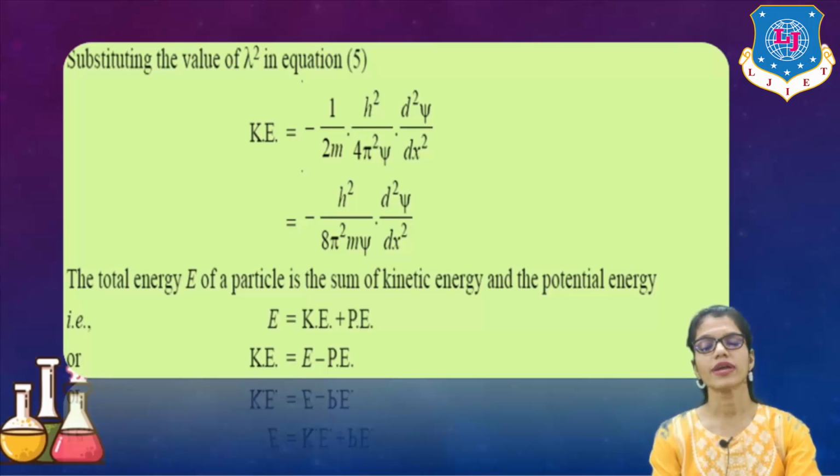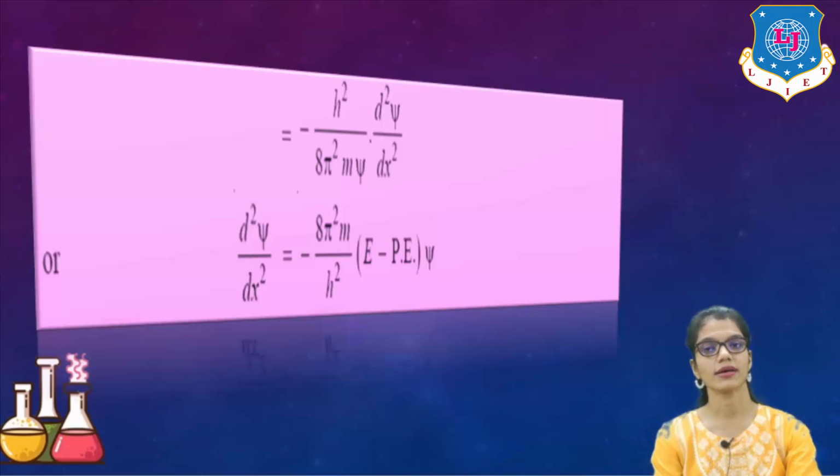Okay, so we can put the value of KE here, or we can have an equation like this. Minus h square by 8 pi square m into psi into d square psi by dx square. Or another way I can write it as d square psi by dx square is equal to minus 8 pi square m divided by h square into E minus P into psi.